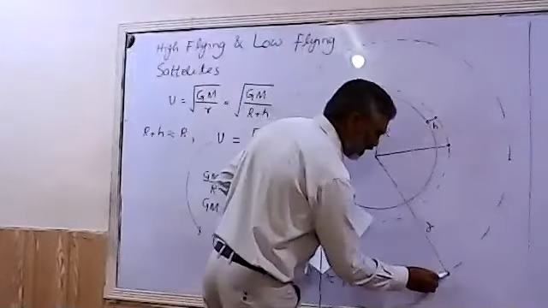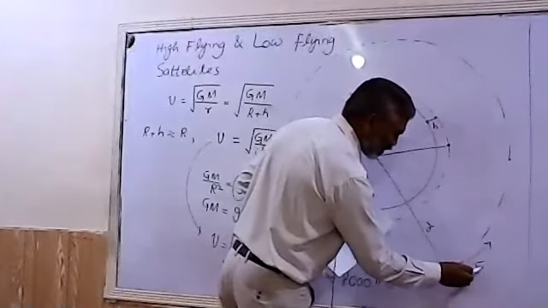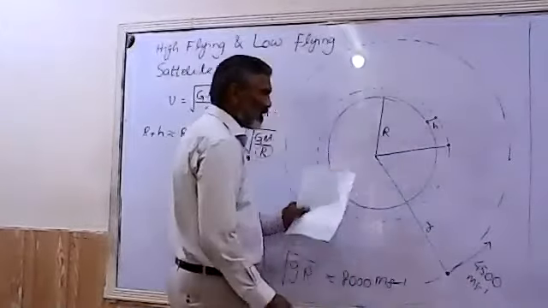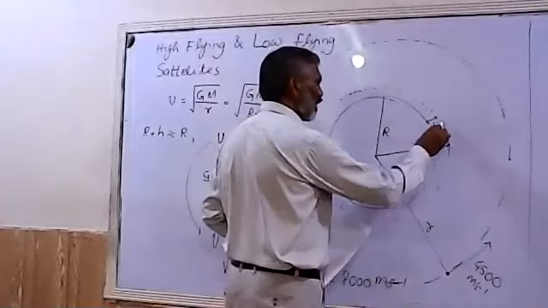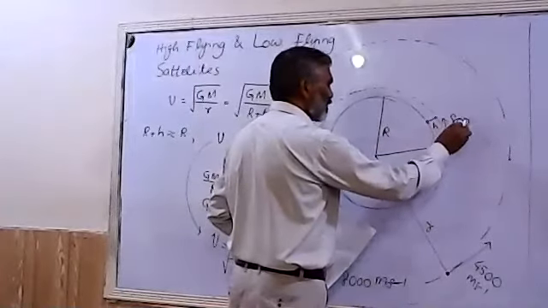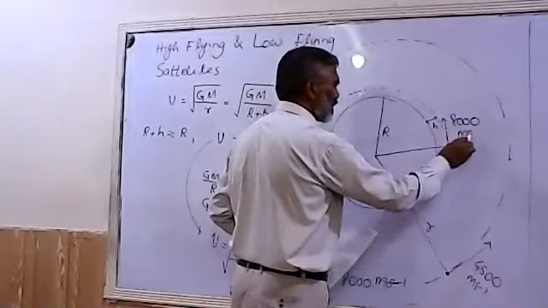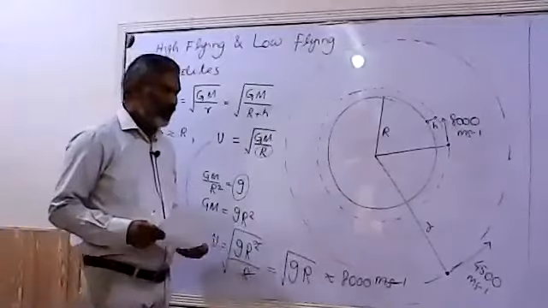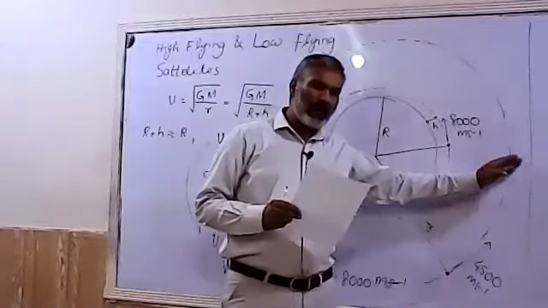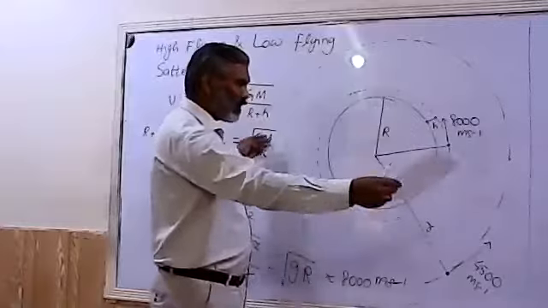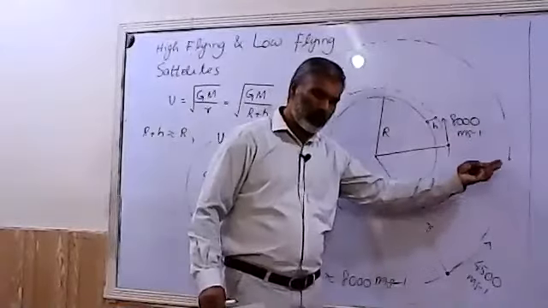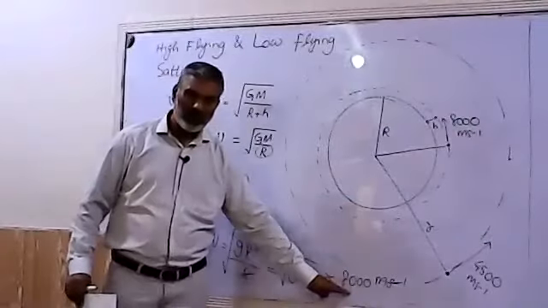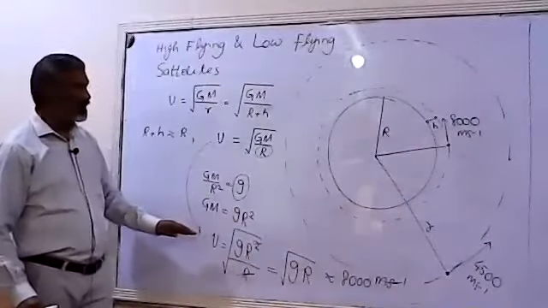So this v was only 4,500 meter per second, and the low flying one is about 8,000 meter per second. So one thing is clear: when an object moving in a radius of larger value somehow moves into a smaller radius, its kinetic energy increases because its orbital speed increases.